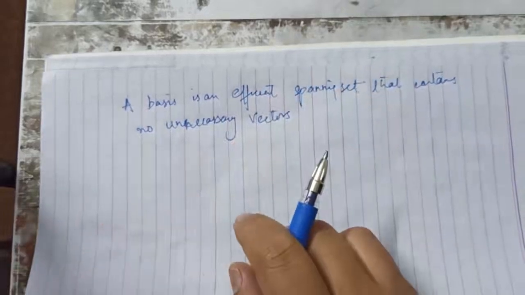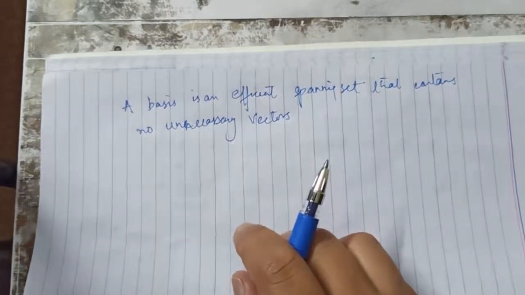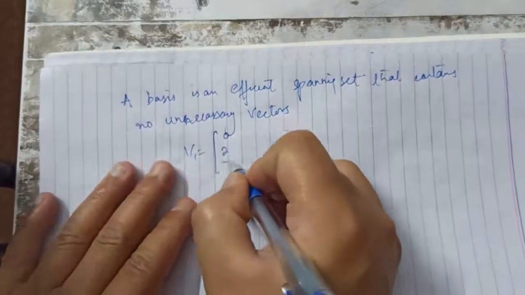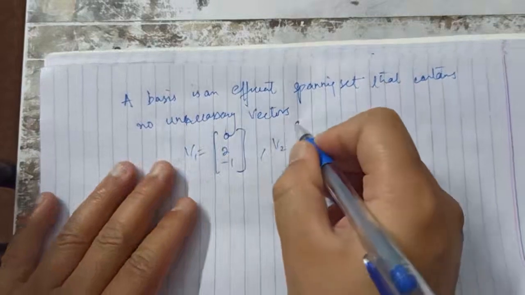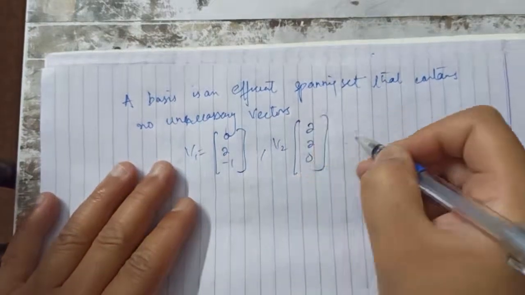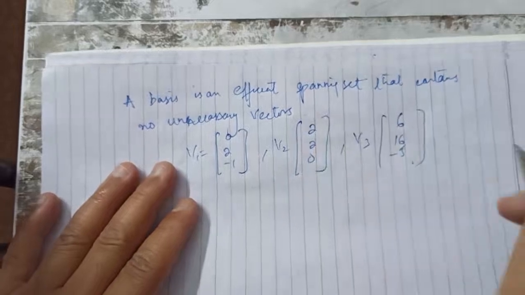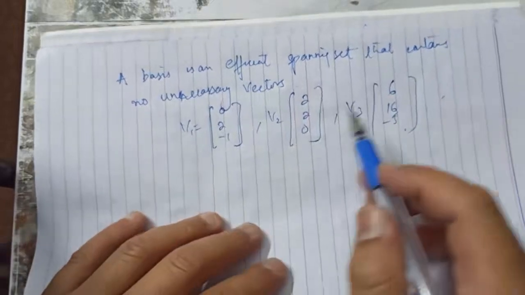Okay, now let's say for example I have these sets: v1 is equal to (0, 2, -1), v2 is equal to (2, 2, 0), and v3 is equal to (6, 16, -5).